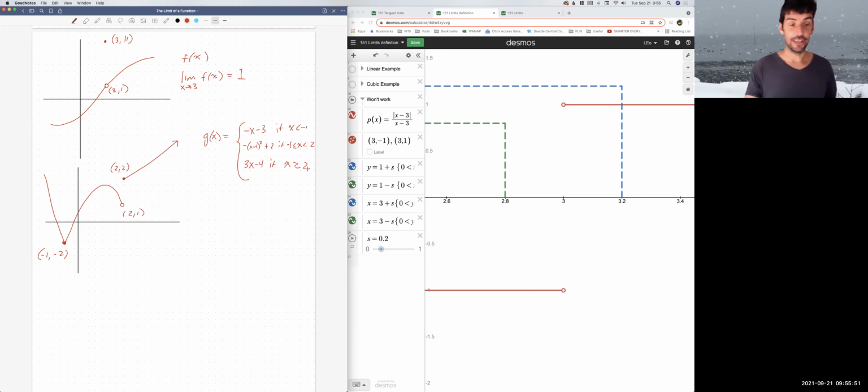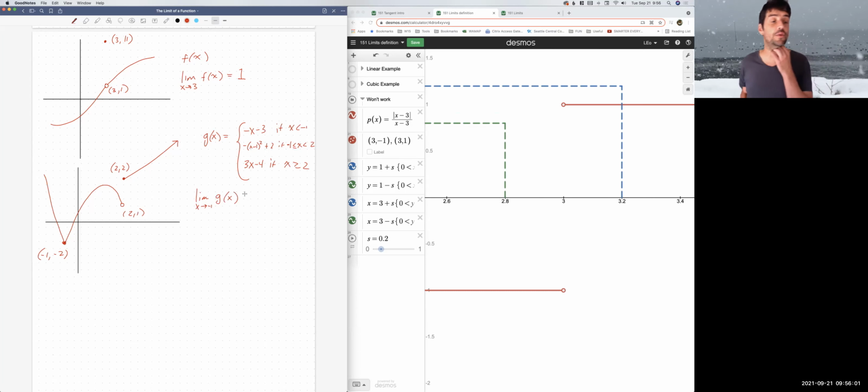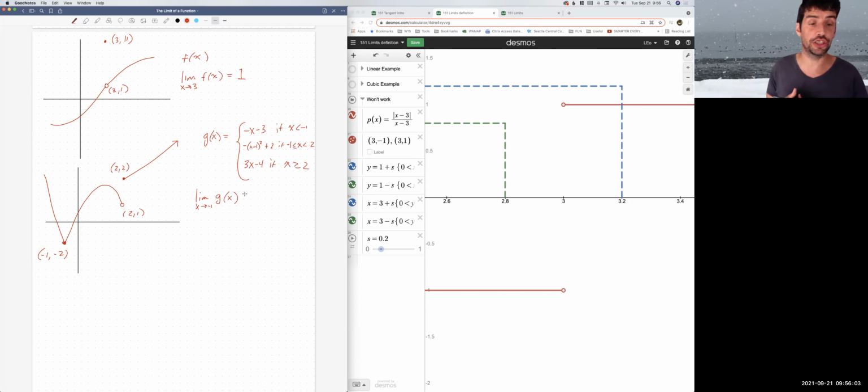So let's just think about the picture here. Limit, for instance, as x goes to negative 1 of g of x. We're asking what value does this function look like it's going to as x gets closer to negative 1. So here's where x equals negative 1.